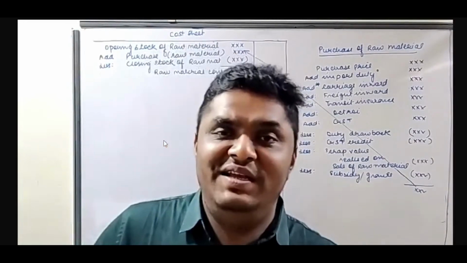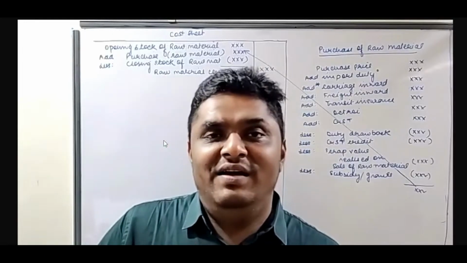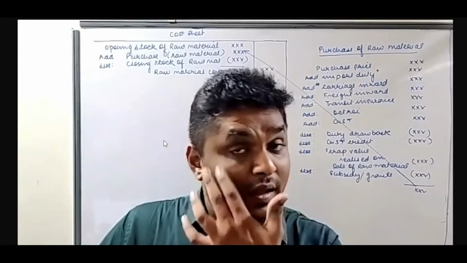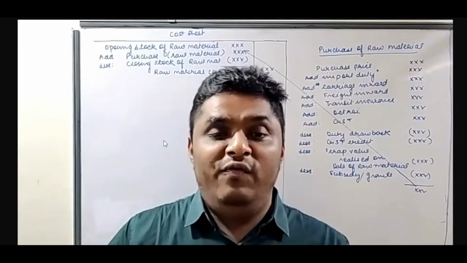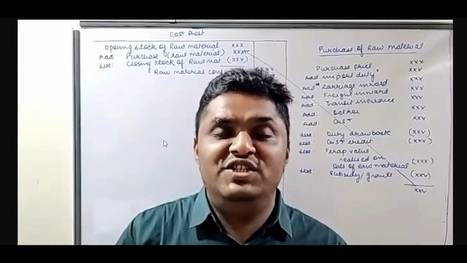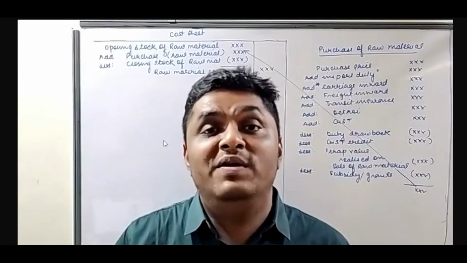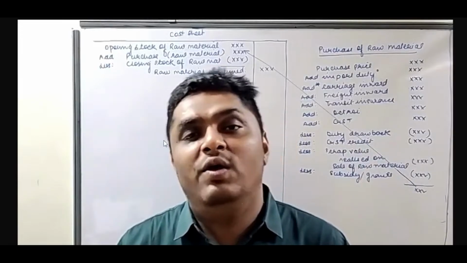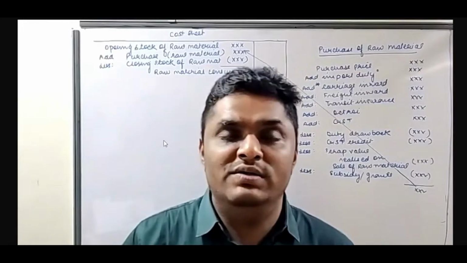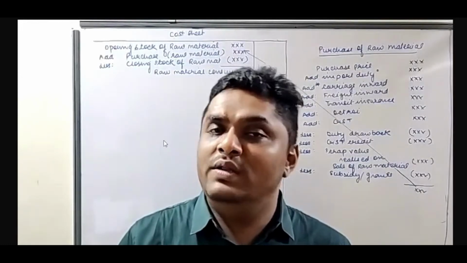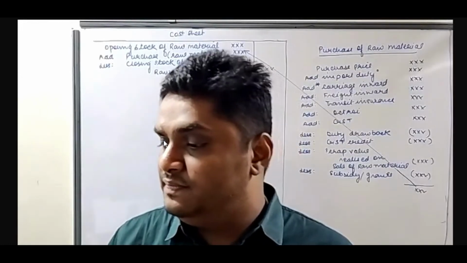Let's say I'm into manufacturing of plastic buckets. Now, these plastic buckets are made up of PP granules, and to form the shape of the bucket, I have to purchase dies. So it's just like a die or mold. So ultimately, we have to amortize the cost of these dies and molds over the period, I mean, over the years.